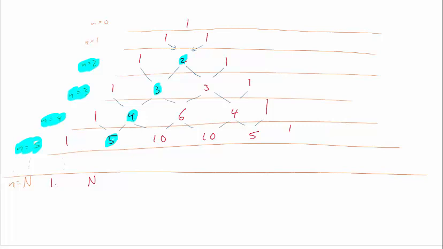We'll call it C2, C3. These are just constants. We're just using C2 and C3 just to fill in. And so, it keeps on going on until you finally get to N and then 1 again, right? That's just following the pattern. And this is Pascal's triangle.